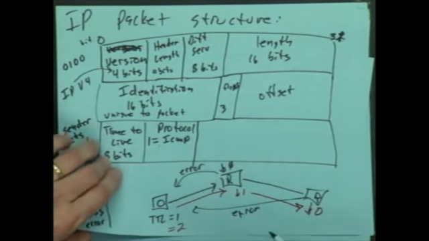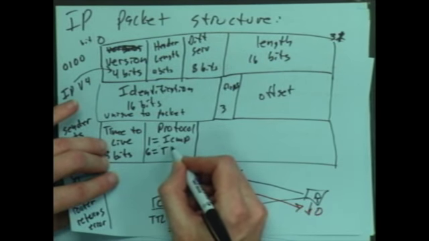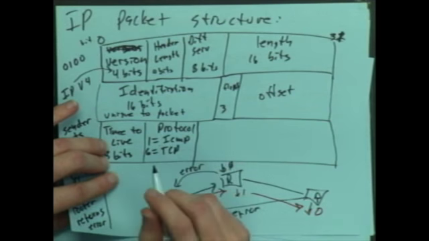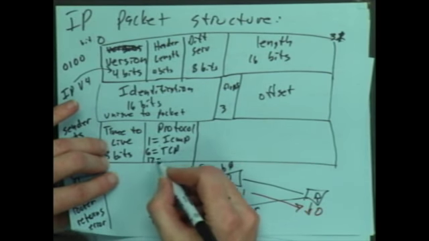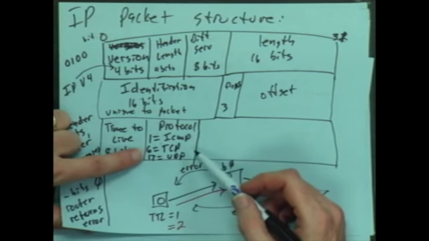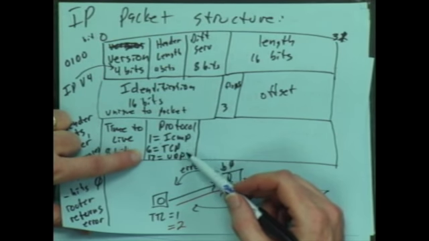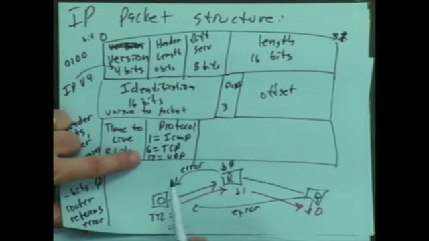It uses 6 for TCP, and it uses 17 for UDP. And we'll talk about why these are useful here, as it labels what's in that packet. But you can use these when you're doing your firewall to block certain kinds of traffic.